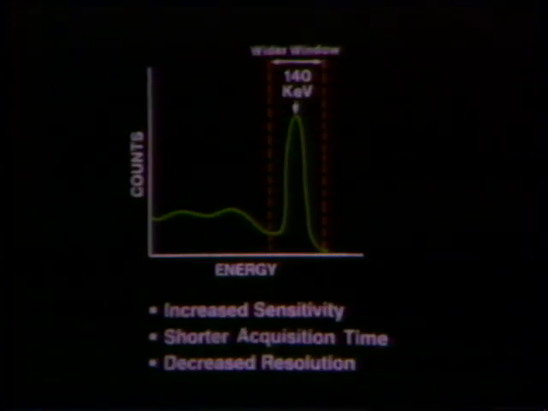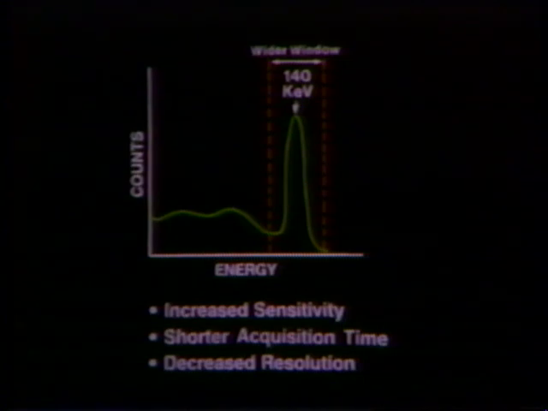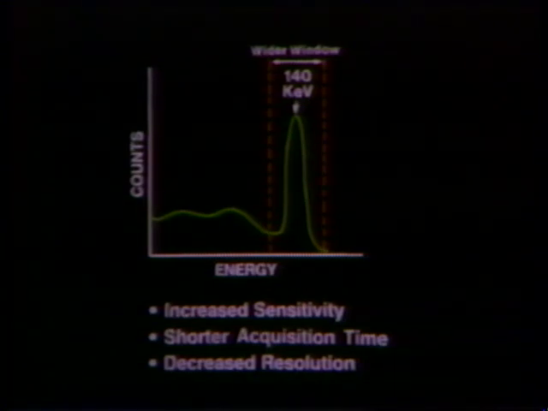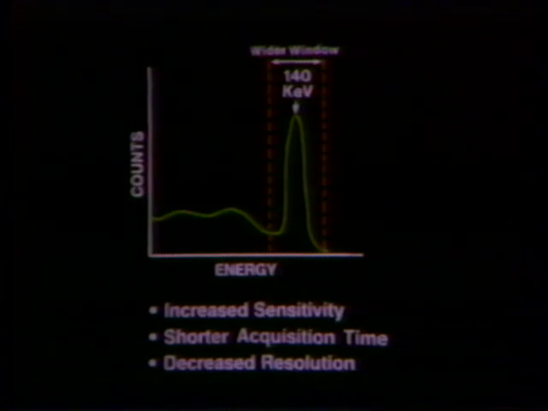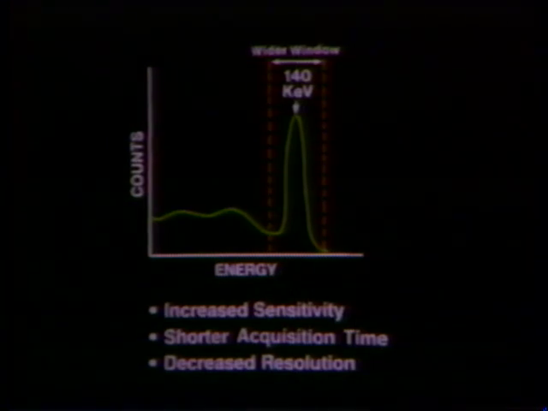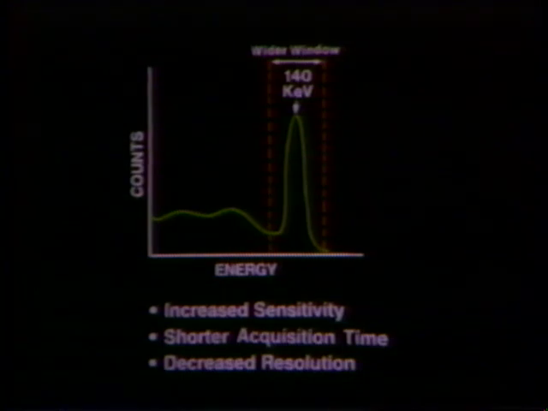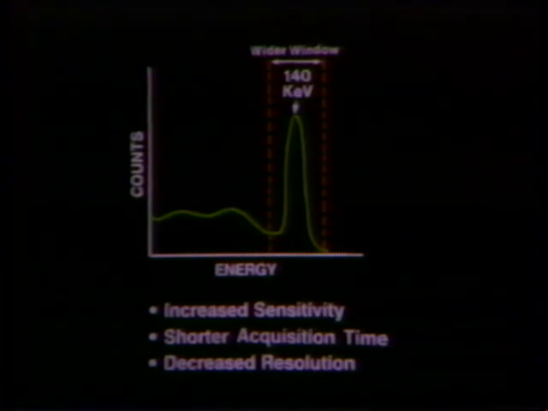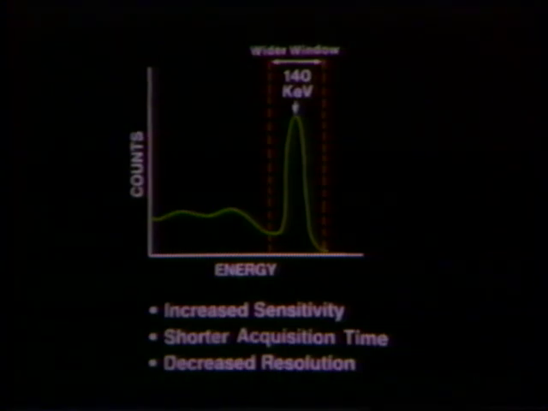The wider the window, the more Compton scatter is accepted, which means the more events are accepted per given time period. This increases the sensitivity of the system and shortens the acquisition times. Unfortunately, the more Compton scatter we accept, the poorer the resolution.